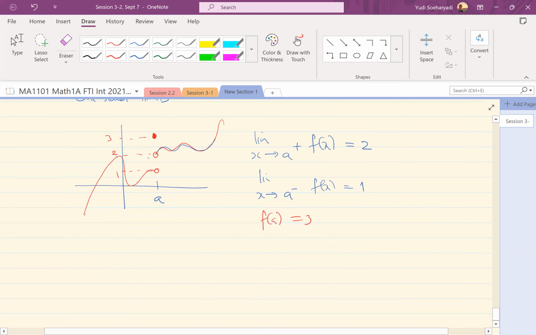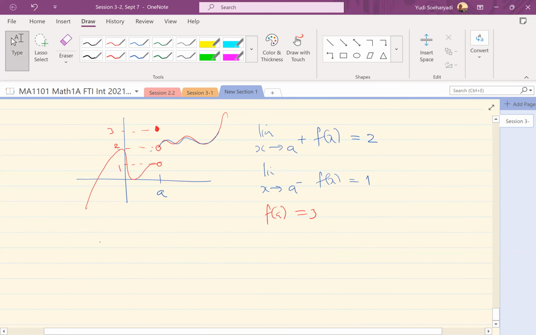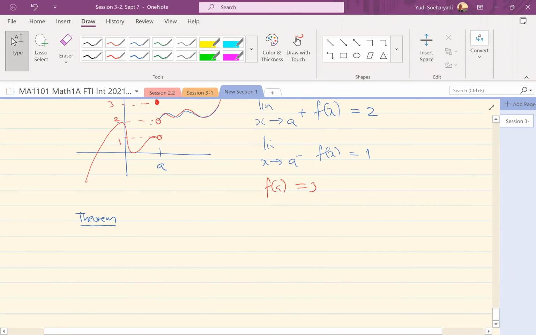Okay, so this is the theorem. Okay, so let's see what's up.